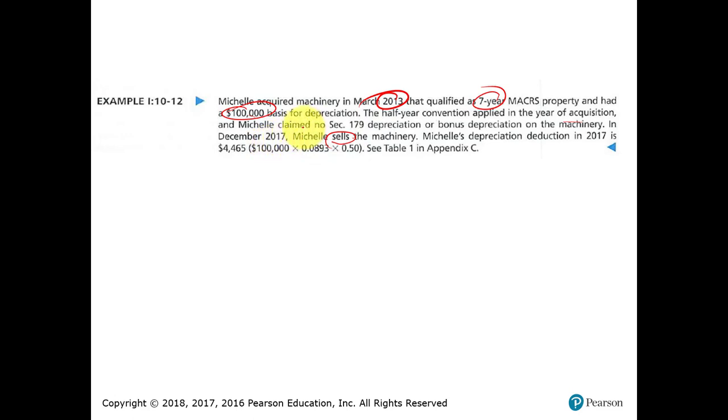We always have to take depreciation all the way up to the point of disposing of the asset. So we did it back in 2013, 2014, 15, 16, 17. Now we're selling the asset here in 2017. That's 1, 2, 3, 4, 5, the 5th year.